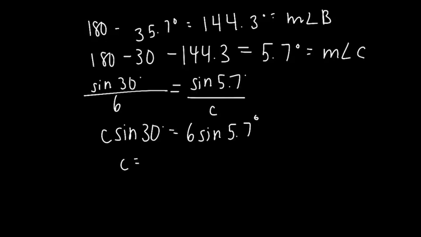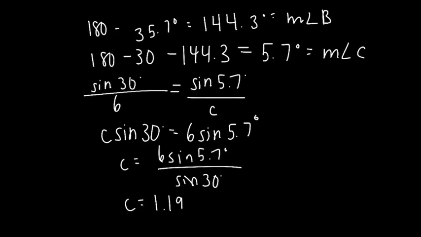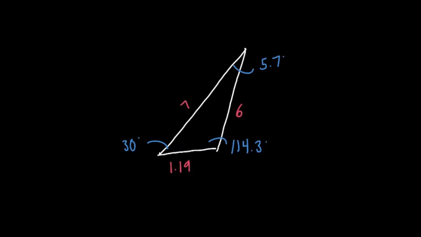This gives you c equals 6 sine 5.7 degrees over sine of 30 degrees. After putting this into your calculator, you should get c equals 1.19. And at the end, this is what your triangle should look like for assuming angle B is obtuse.